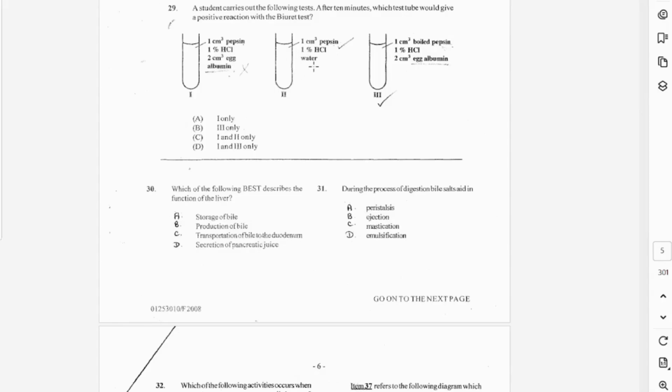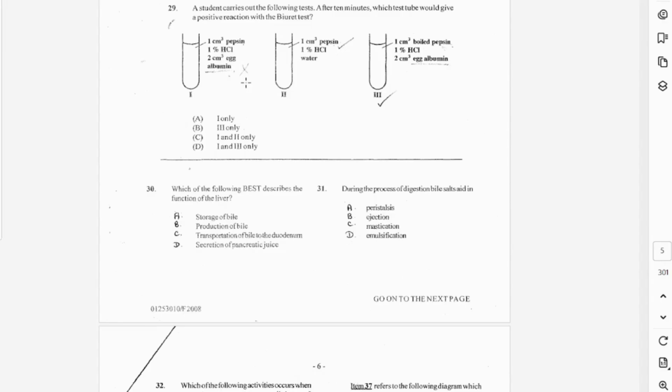So automatically, that takes out number 2. Anything with number 2 in it is wrong, because you can't get a positive burette test if there is no protein. So automatically, we take off C. So it is between 1 and 3. Now let's break this down.